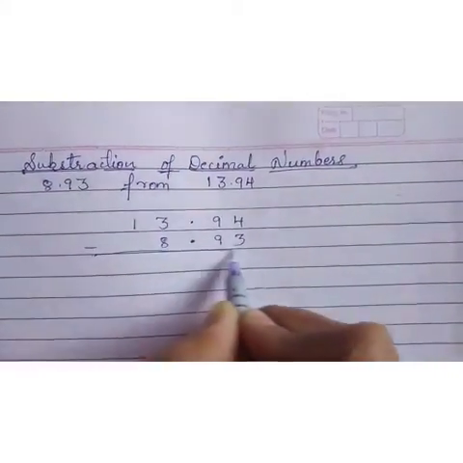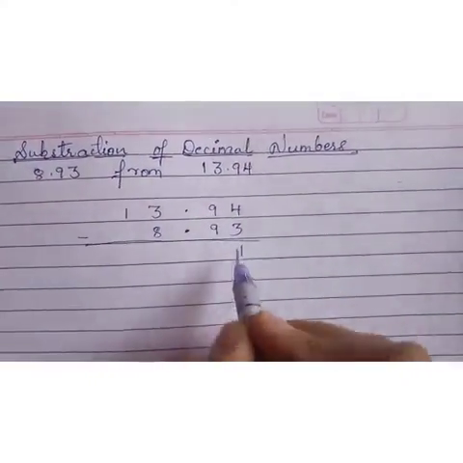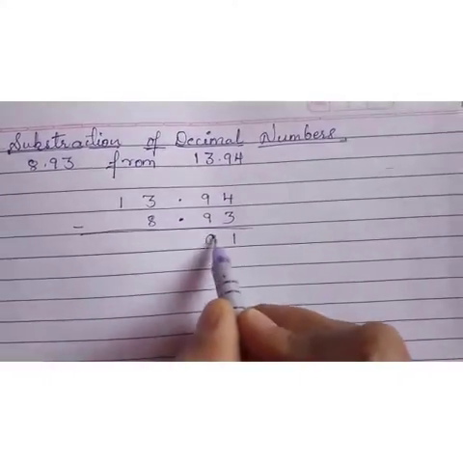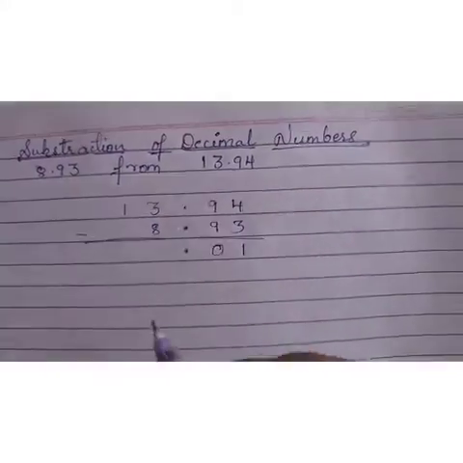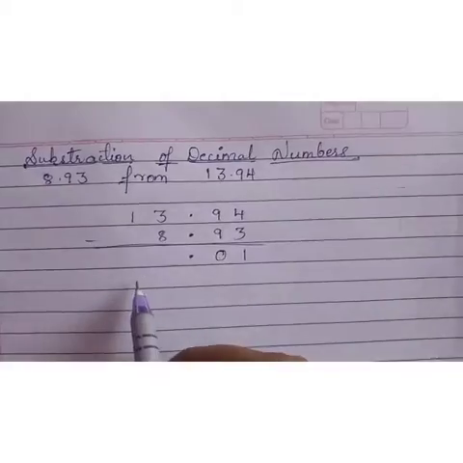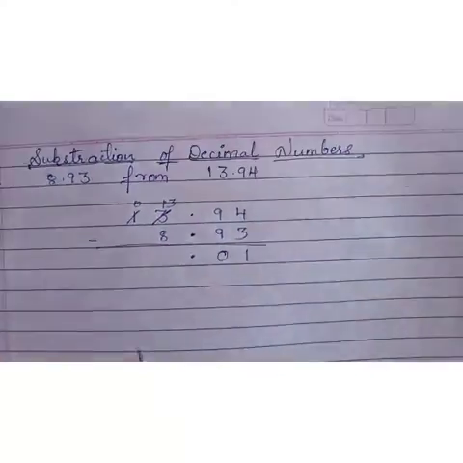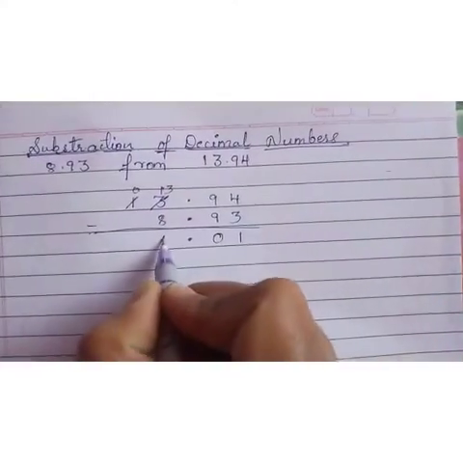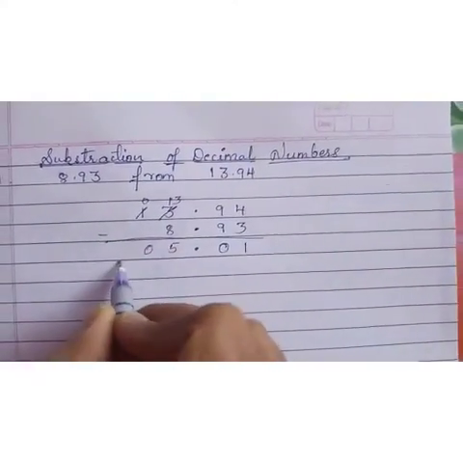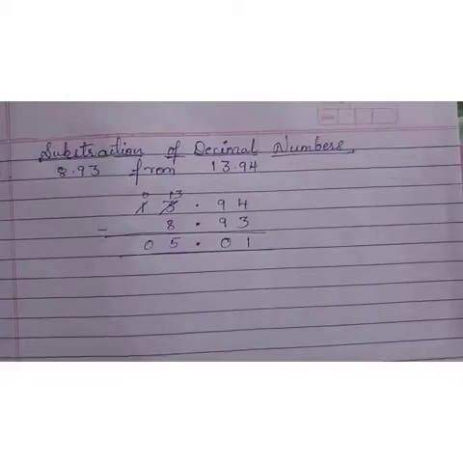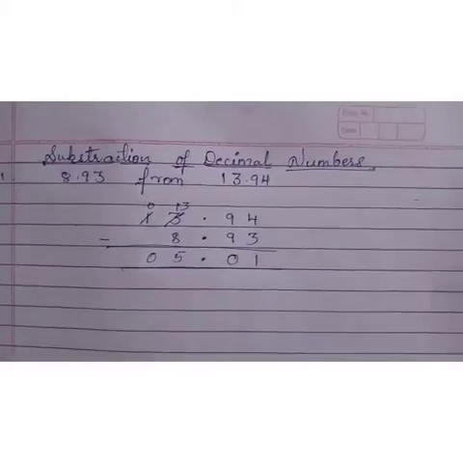Now subtract. 4 minus 3 is 1. 9 minus 9 is 0. Place decimal as it is. Now in 3 can you subtract 8? No. So it becomes 13, and this becomes 0. So 13 minus 8 you get 5, and this 0 as it is. So the answer is 5.01.